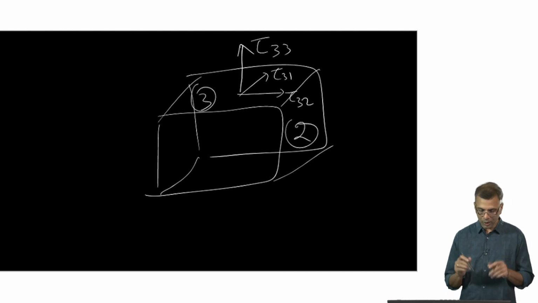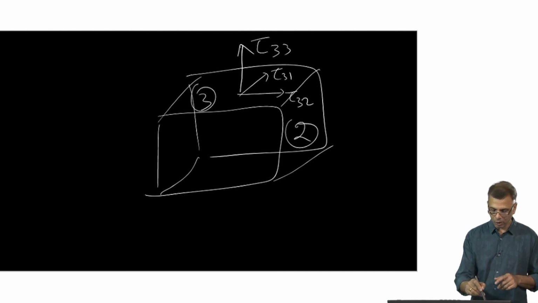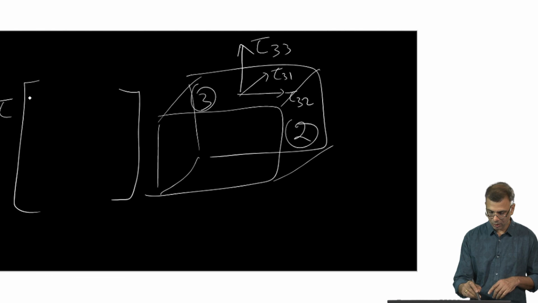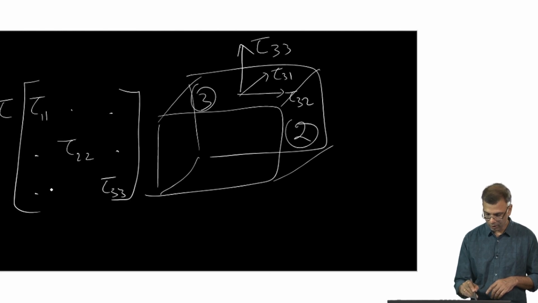So the point is, it's useful to think of the stress as a matrix with the elements tau 1, tau 2, tau 3, and then other off diagonal elements like this.